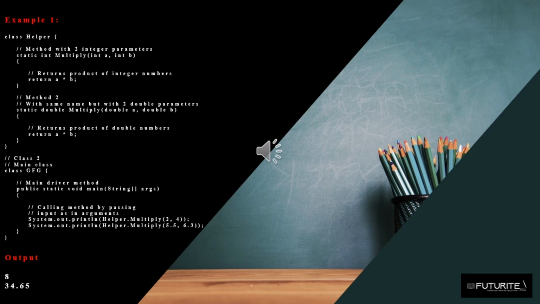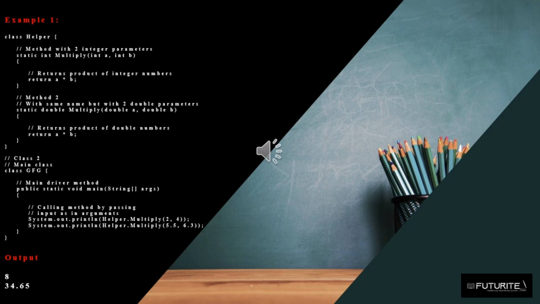Both methods have two parameters each, A and B, which means the number of parameters in both methods is the same, but the difference is in the data type of the parameters. In this scenario, where the number of parameters is the same for both methods having the same name but the data types are different, it qualifies the method overloading rule.